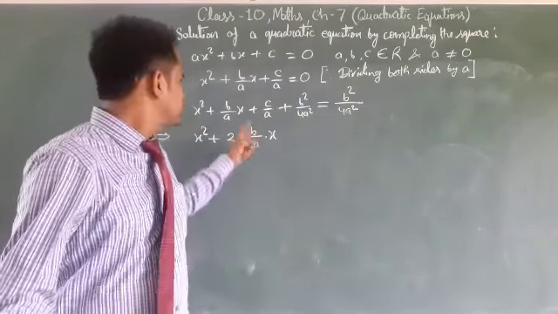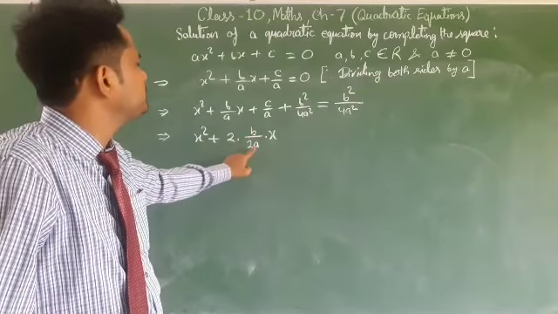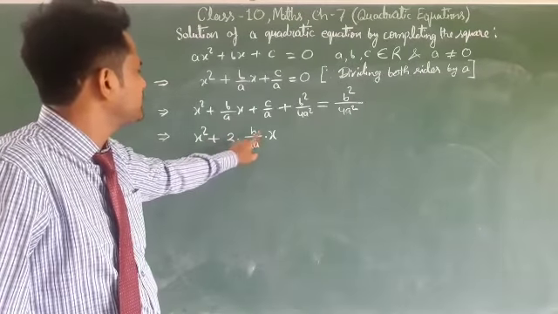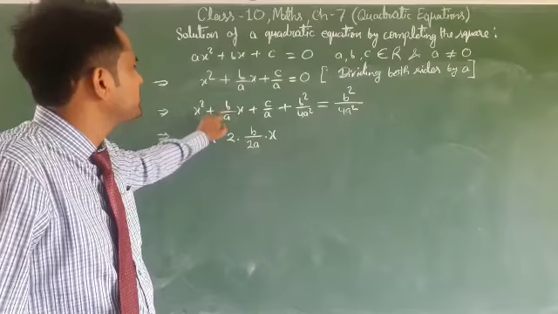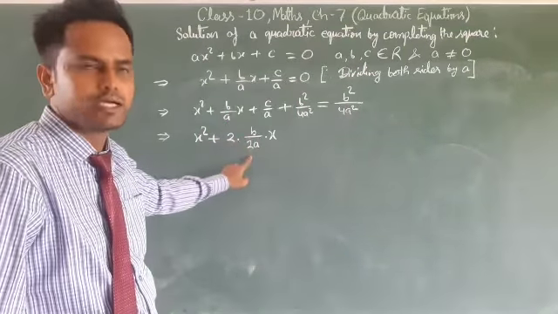Am I right? 2 and 2 will be cancelled out, then you get b by a x. So that's why b by a x can be written as 2 into b by 2a into x.